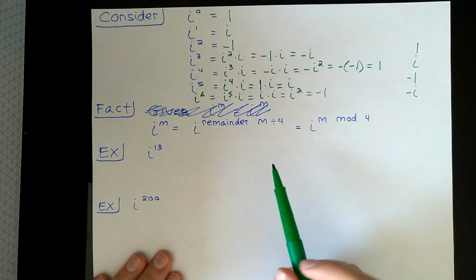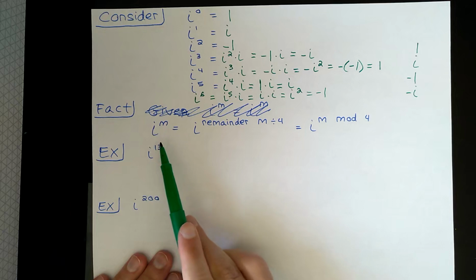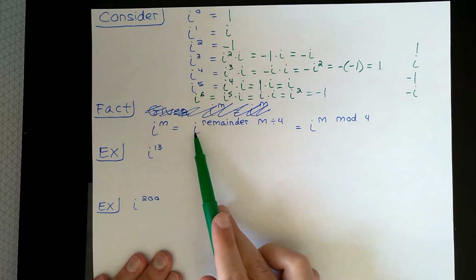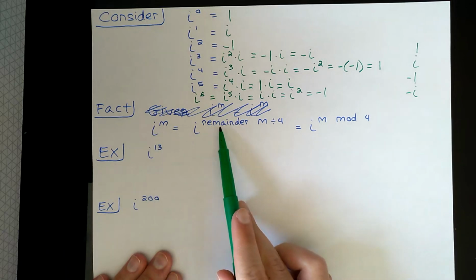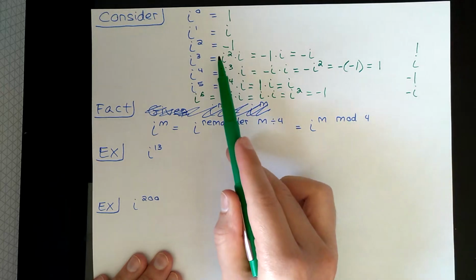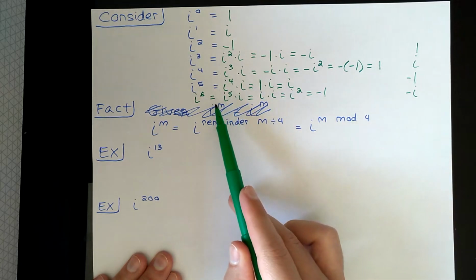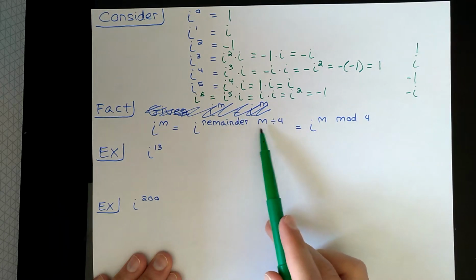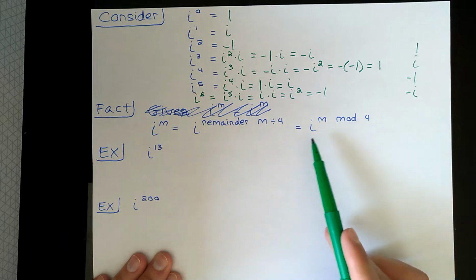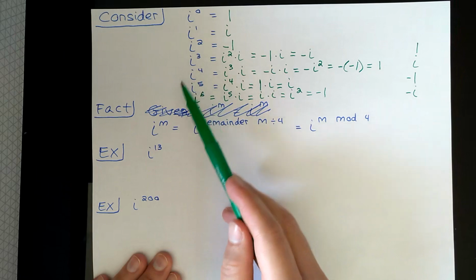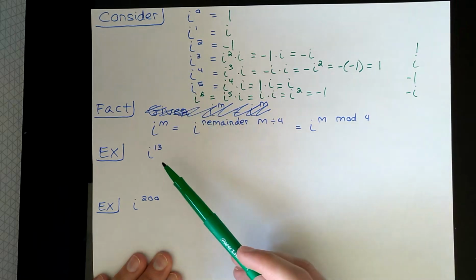So how do we simplify that? Well, we introduce a fact that says i to the mth power, no matter what m is, is equal to i to the remainder of m divided by 4. Every time we cycle through 4 of these, we end up getting back to where we started. So if you divide your exponent by 4, whatever the remainder is will be what happens when you take away all these cycles of 4.